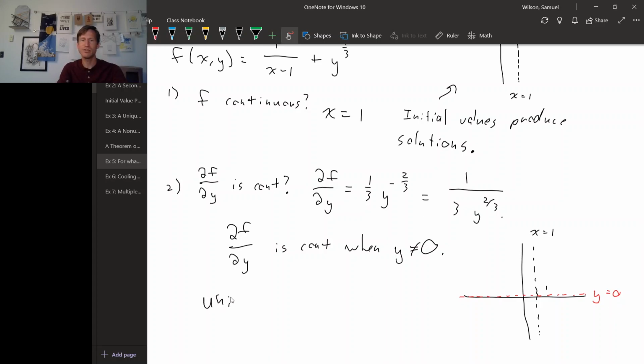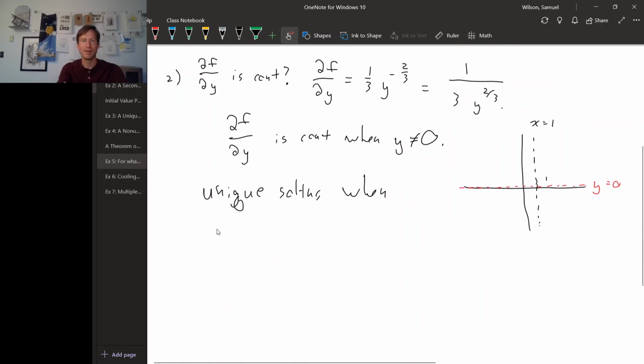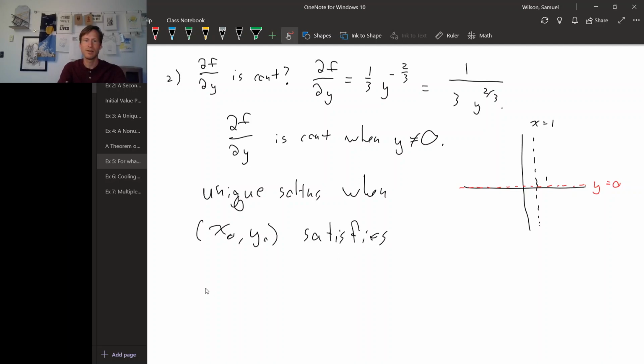So we have unique solutions when our initial value, (x naught, y naught), satisfies: x naught can't be 1, because we have to avoid that vertical dotted line, and also y naught can't be 0.